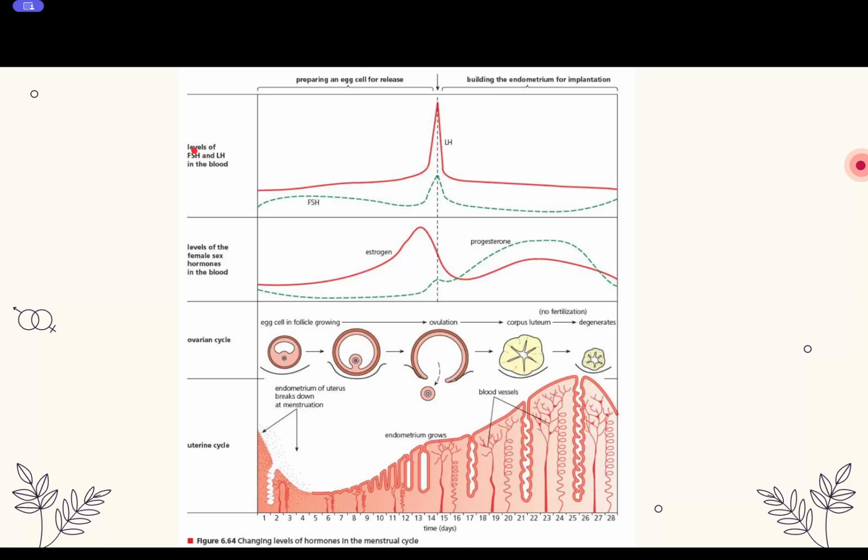Now, FSH is follicle stimulating hormone. It basically triggers the follicles within the ovary to develop and mature into the eggs. LH is the luteinizing hormone, which allows the egg to be released from the follicle.